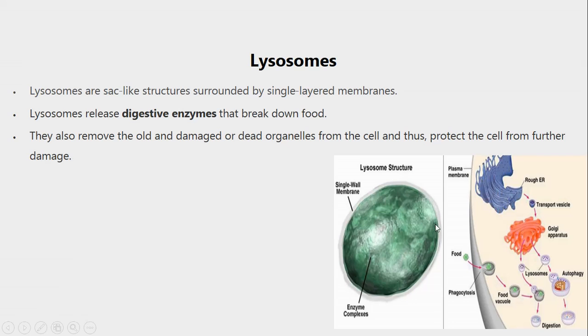It is surrounded by a single layered membrane. Lysosome releases digestive enzymes and these enzymes generally break down the food. Lysosome also removes the old, damaged or dead organelles from the cell and thus protects the cell from further damage.